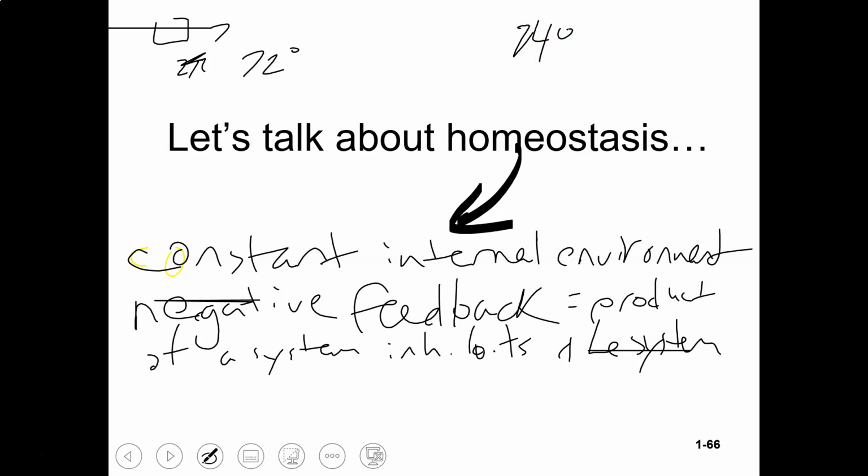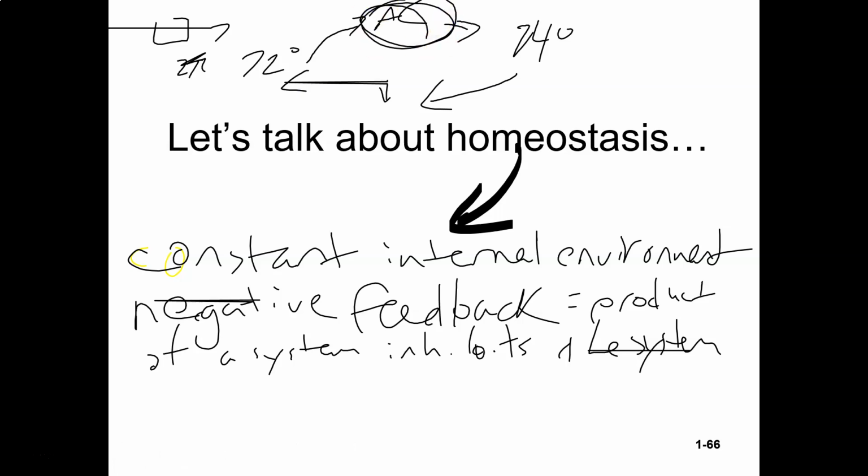So now the thermostat turns on the air conditioner. The air conditioner blows out cold air, and that 74 degrees goes down. And once it reaches 72 degrees, the thermostat shuts off. The product of the system, the cold air, turned off. That's negative feedback.